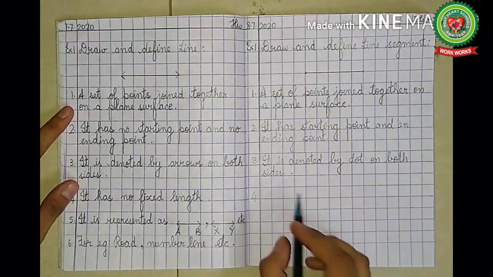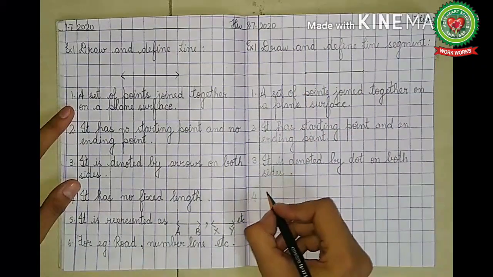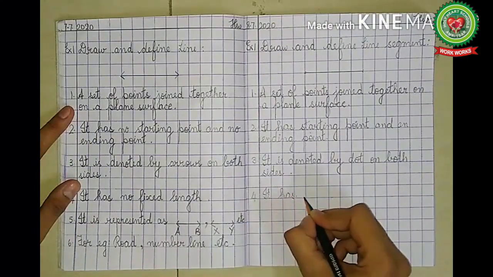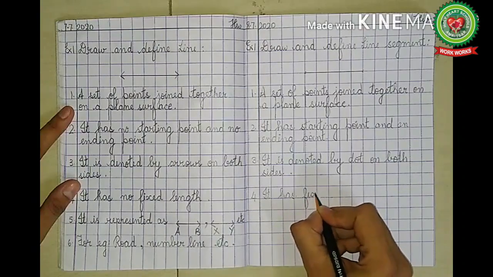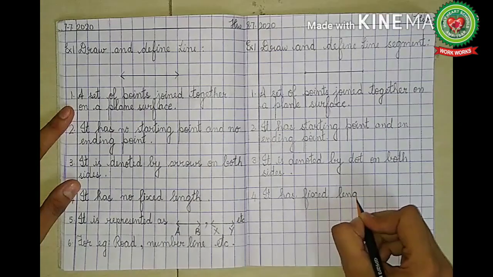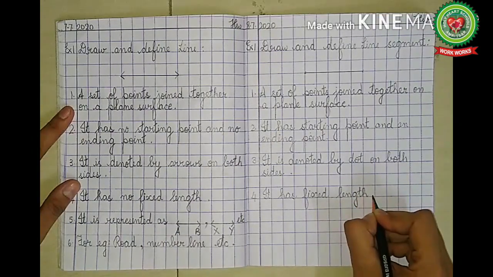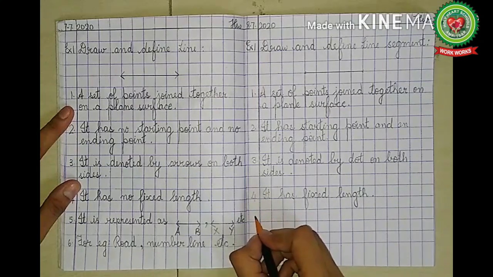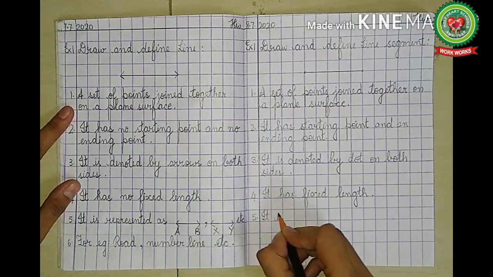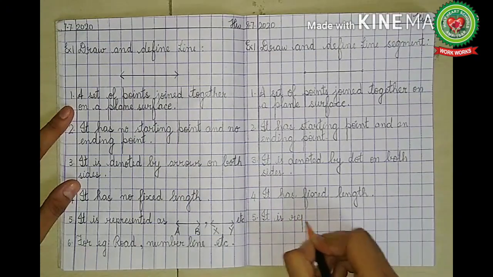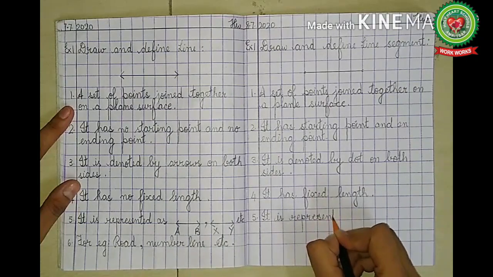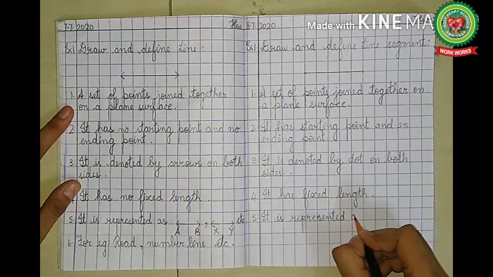Now if it has dot on both sides, so it has fixed length. Full stop. Leave one line, put number 5. It is represented as.